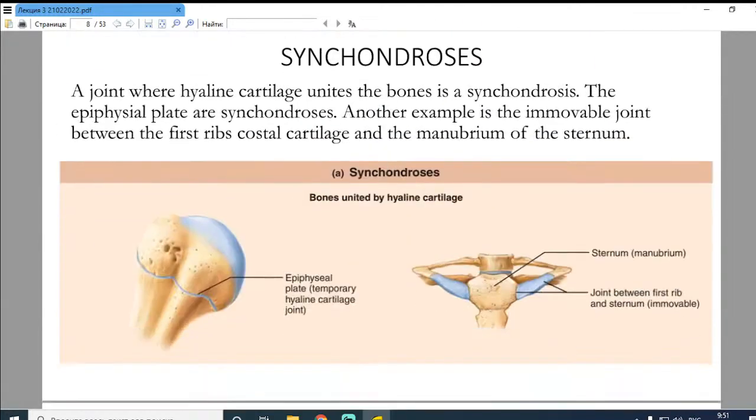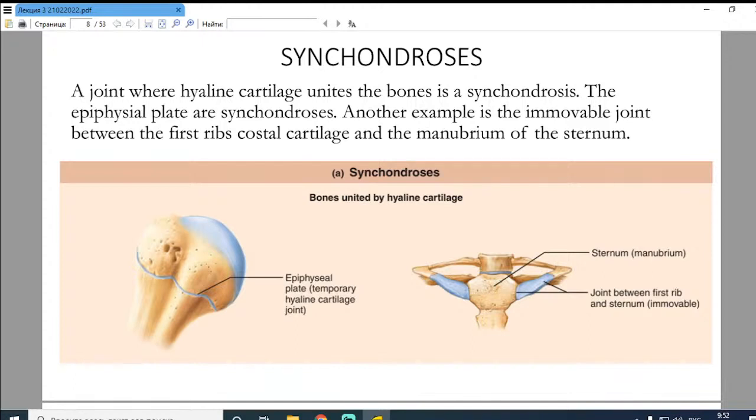Next, synchondrosis. A joint where hyaline cartilage unites the bones is a synchondrosis. The epiphyseal plates are synchondroses.